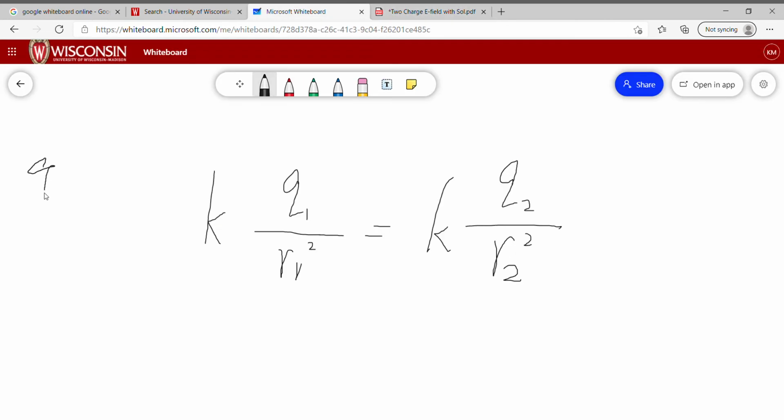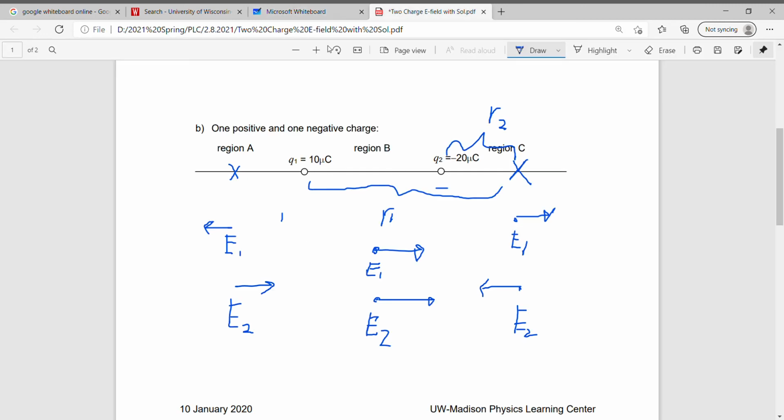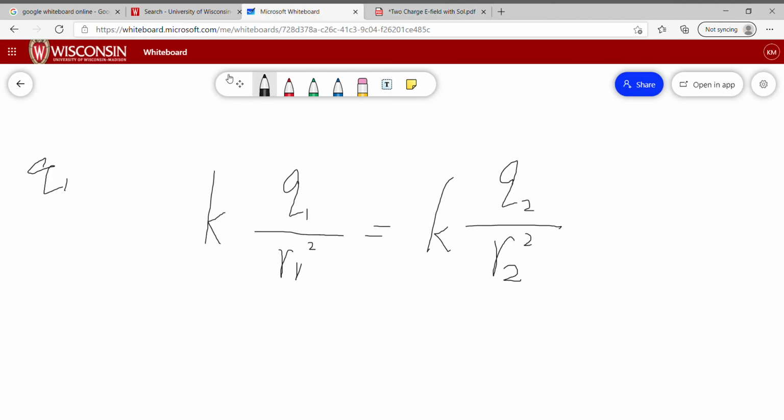Q1 is still smaller than Q2 because it's 10 and 20. And R1 is larger than R2.